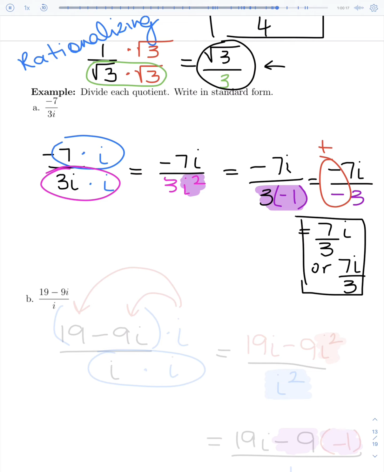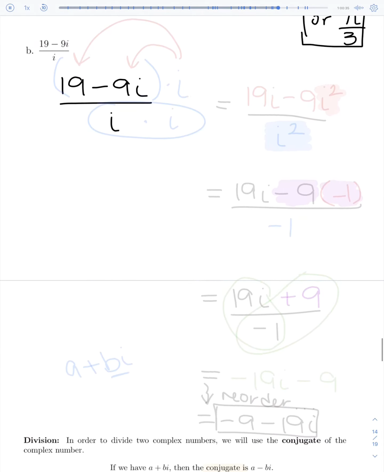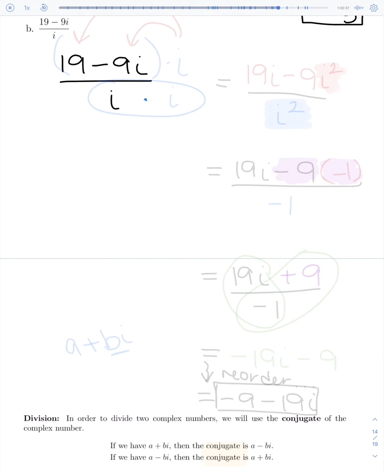In problem B, let's take a look. We have 19 minus 9i over i. Same idea here. We have an i in the denominator, and we don't want one in our final answer. So we're going to do the same trick. We're going to multiply the bottom by an i, but then that means we have to multiply everything on top by an i as well.